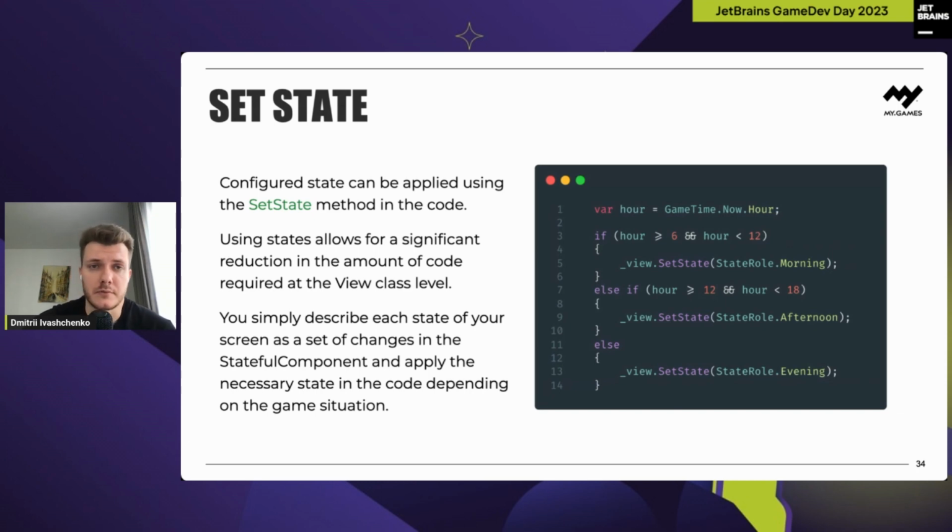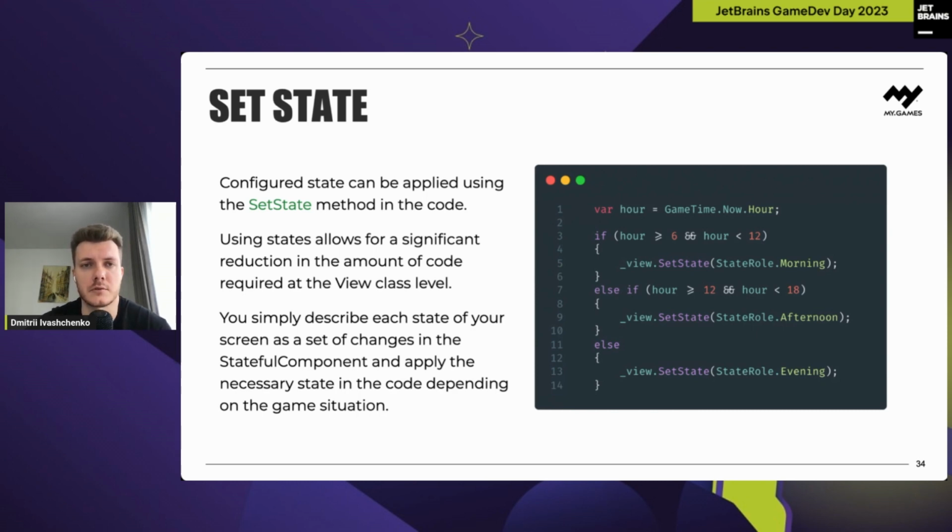From the code perspective, applying a state is calling an API method with a state specification. This approach allows us to significantly reduce the amount of code in our view classes. We no longer need to move elements manually, or change any colors, texts, sprites. All these used to be done from code, and it was very long and cumbersome.